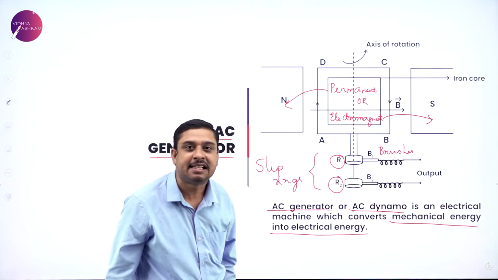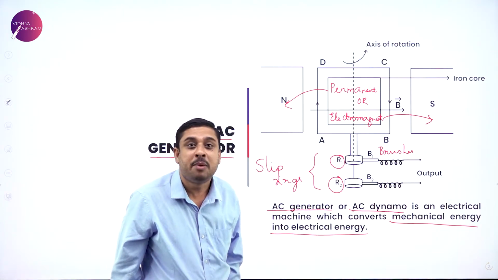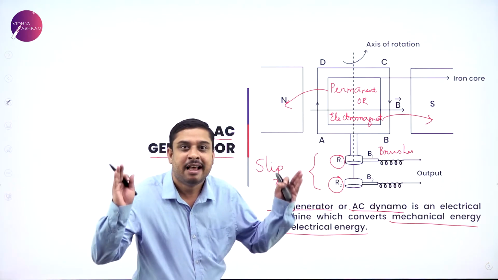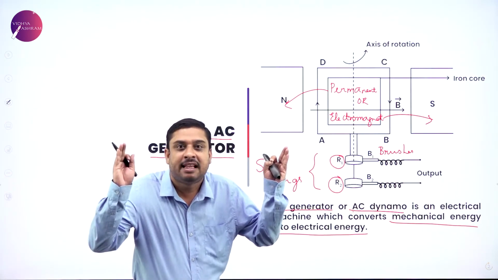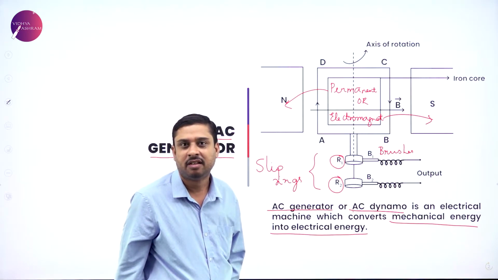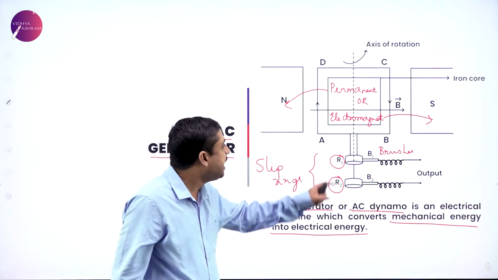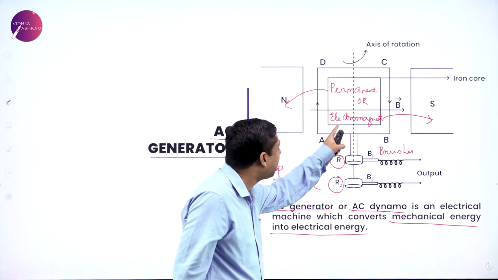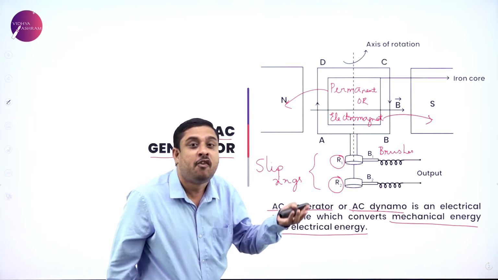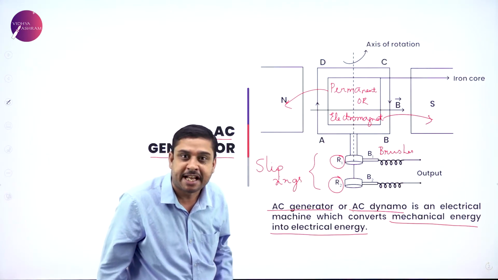What is N and S? Pole pieces of a field magnet, the north pole and the south pole, and they are either permanent magnets or electromagnets if required for sinusoidal variation.